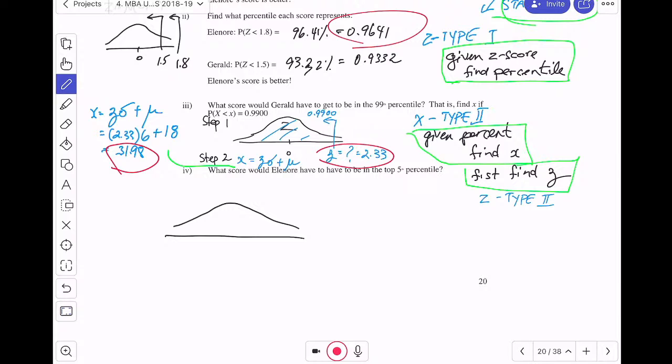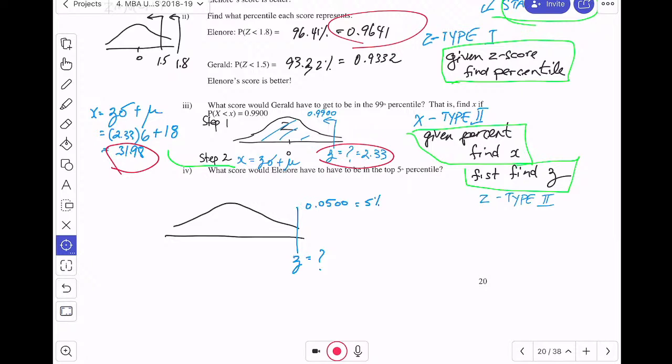To be in the top 5%, she should end up, let's say over here, where there's 5%. So what score should that be? What number of standard deviations above the mean should she be?